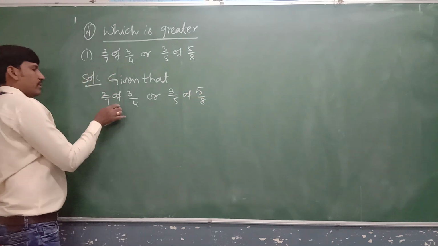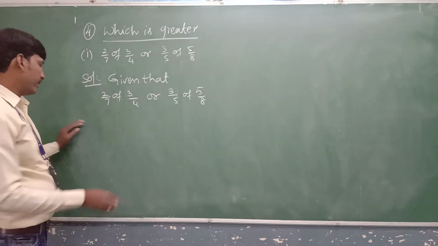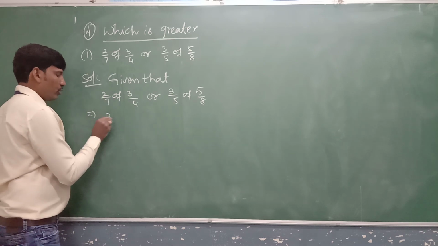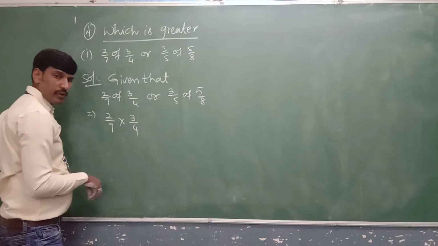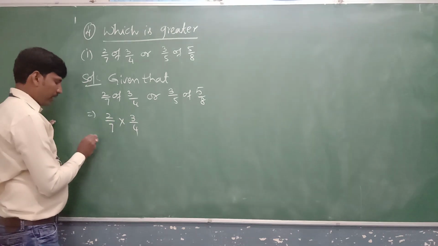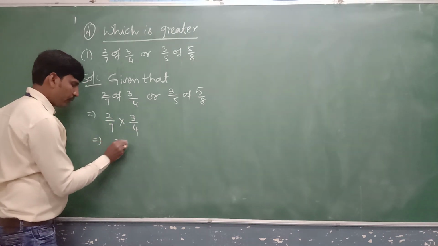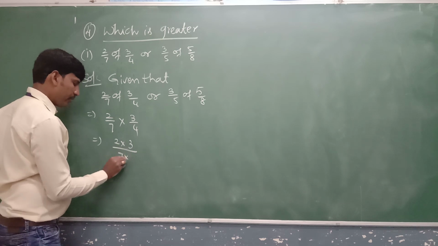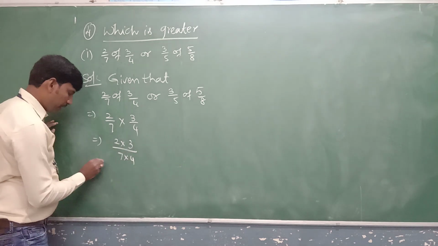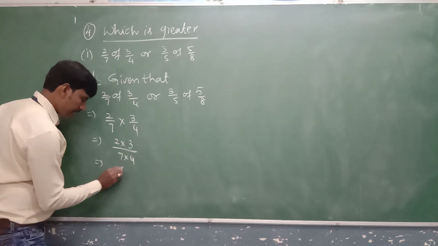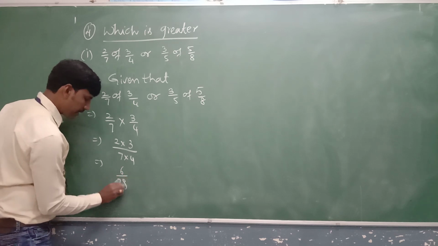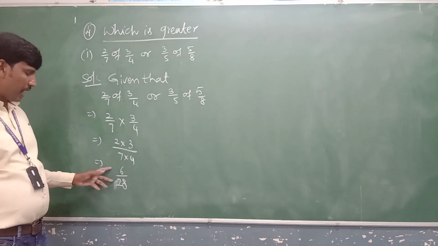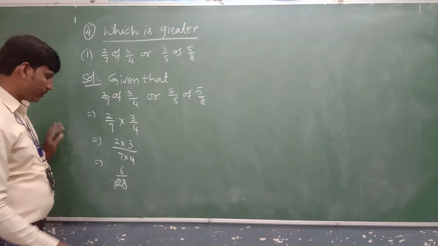Now first of all you have to multiply this part, which implies 2 by 7 of indicates multiply 3 by 4. Okay, what is multiplying two fractions? 2 into 3 by 7 into 4, which is equal to 2 3s are 6 by 7 into 4, how much? 28. 7 4s are 28. Both are even numbers, you can divide with 2.